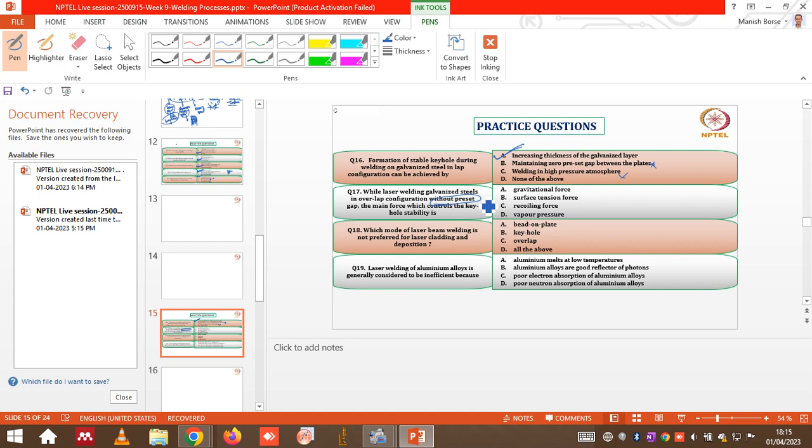Obviously in such cases vapor pressure plays the major role, because vapors are still accumulating inside the nugget area and pressure will build up there. In the case of galvanized steel, which has a zinc coating that easily vaporizes, the vapor pressure will build up. So vapor pressure will control the stability of the keyhole in such cases.